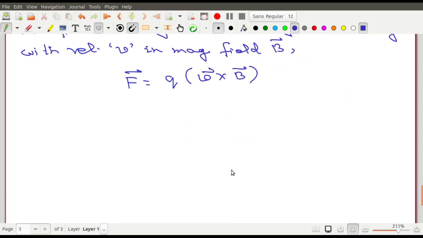Now suppose we have a current carrying conductor. এবার ধরে নাও তোমার এখানে একটা কারেন্ট ক্যারিং কন্ডাক্টর আছে. Suppose you have a current carrying conductor.